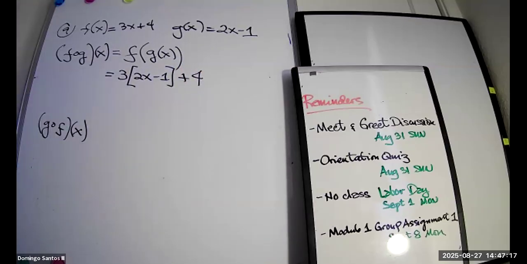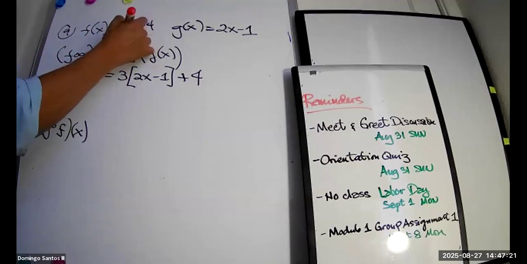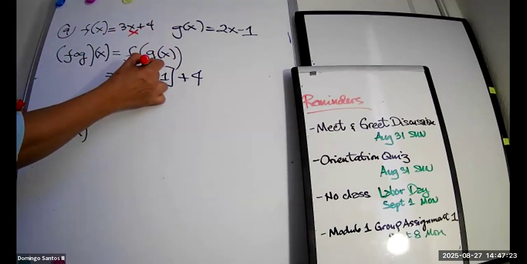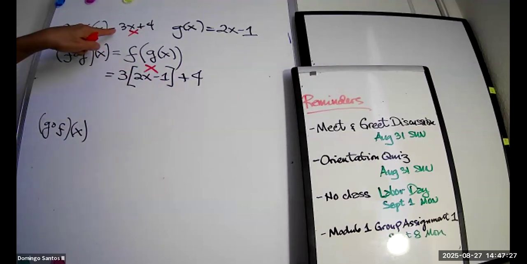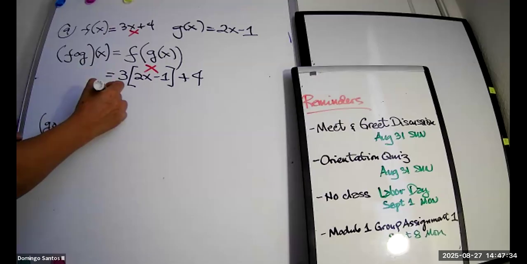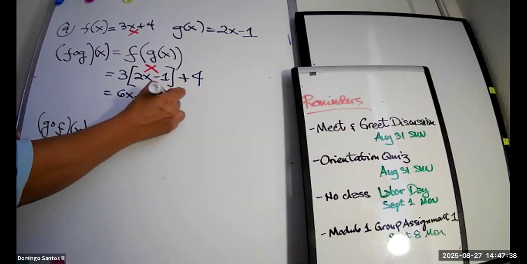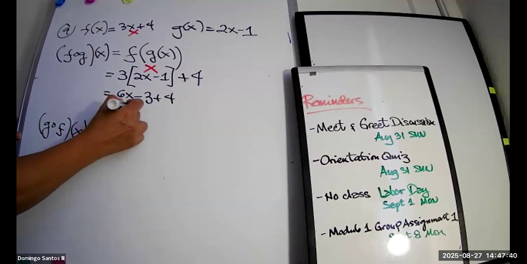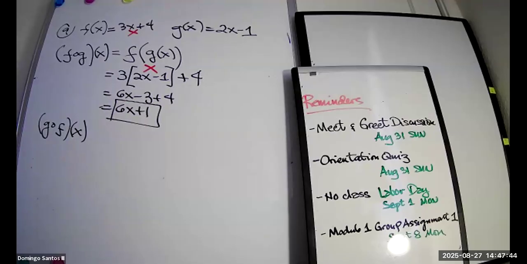You may want to think of this as one big x, and 3x plus 4. So this is equal to 6x minus 3 plus 4, or 6x plus 1. So that's your final answer.